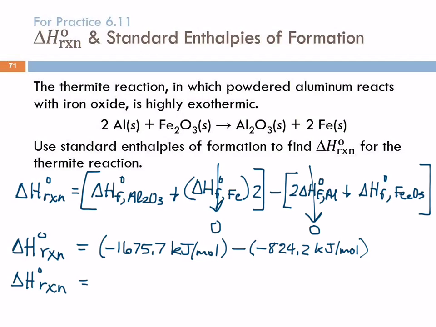So be careful with your negative signs. We've got negative 1675.7 minus negative 824.2. I'm going to get minus 851.5.